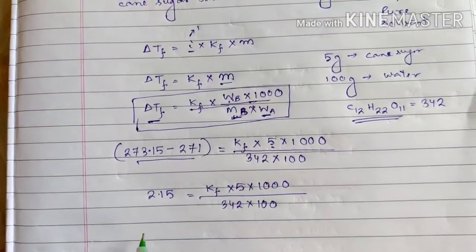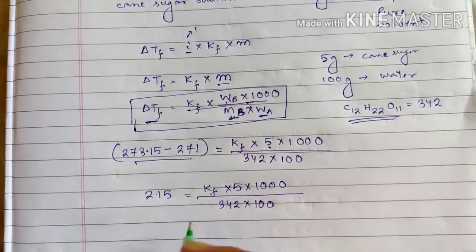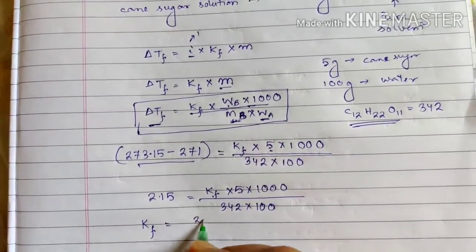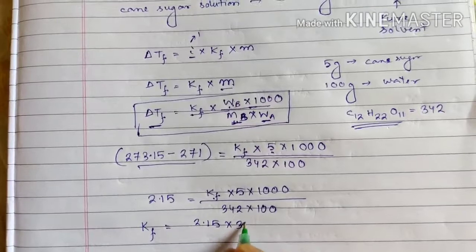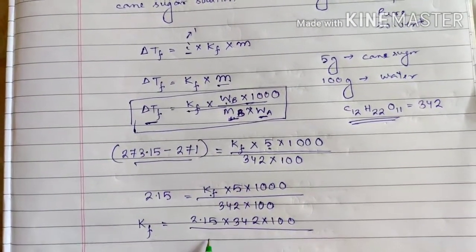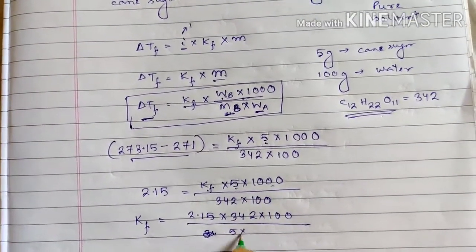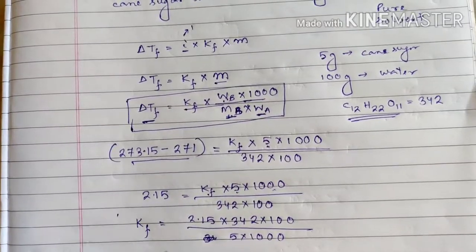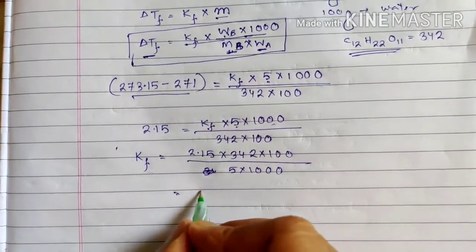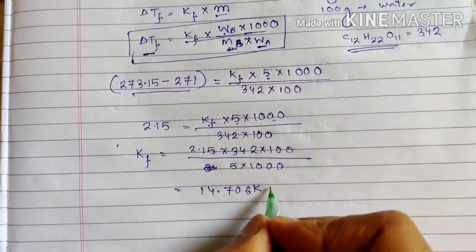Now if we want to calculate the value of KF from here, the value of KF should be 2.15 into 342 into 100 divided by 1000 into 5 into 1000. If you calculate this separately, you will get 14.706 Kelvin per mole.